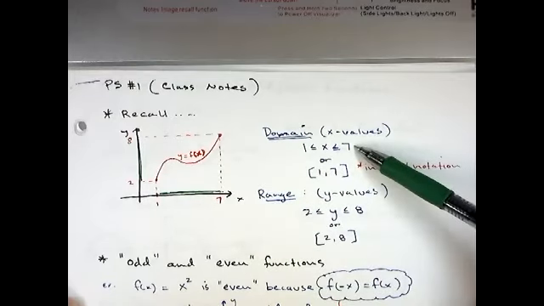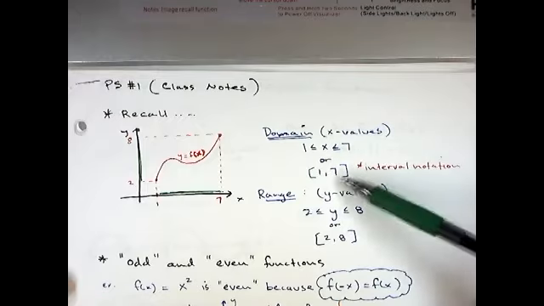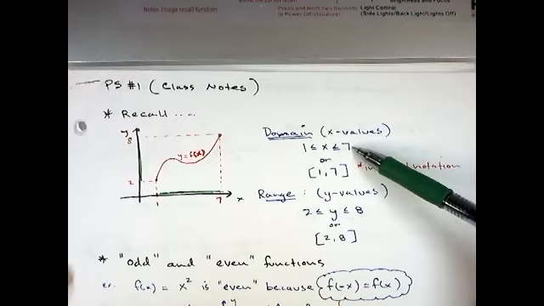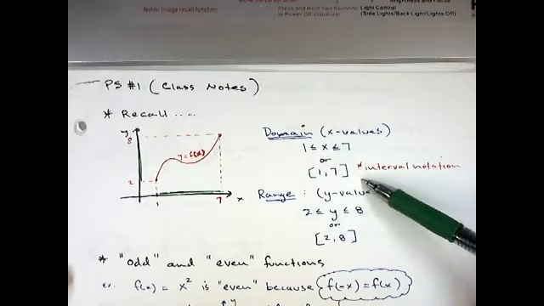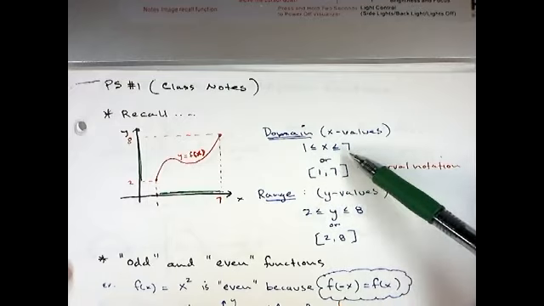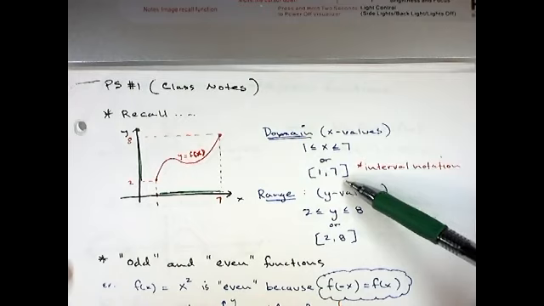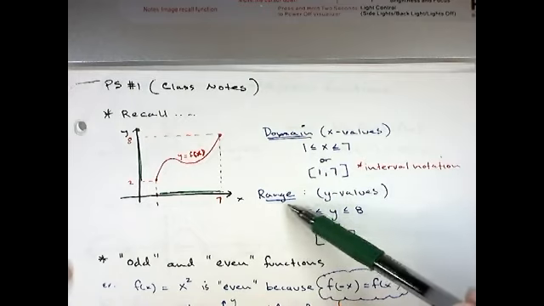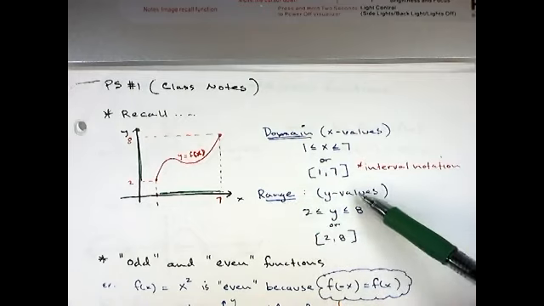So there's your domain. Remember, you can also express a whole set of x values in interval notation, which is what we're going to do a lot in calculus. So bracket 1 comma 7 means all of the x values between 1 and 7, including 1 and 7. The range of a function is the y values that your function takes on.